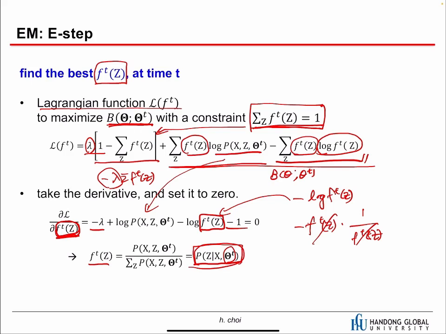So as we did in k-means, we fix the current parameters, and we get the probability of these assignments. Again, instead of using just the best assignment, we are going to use this distribution of the assignment.